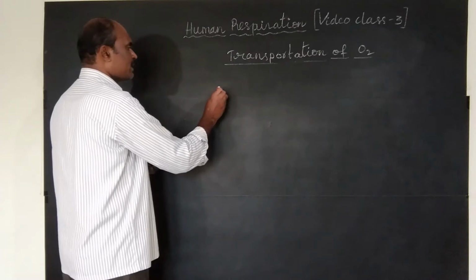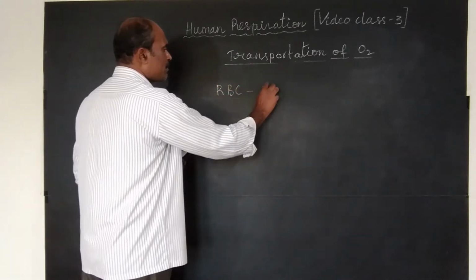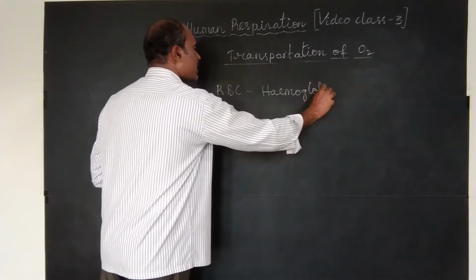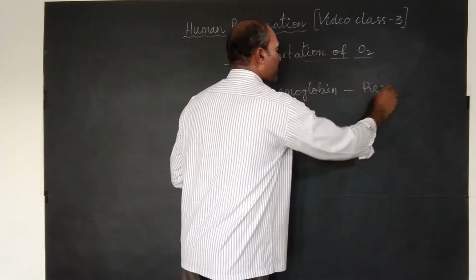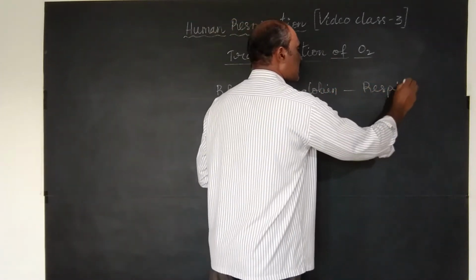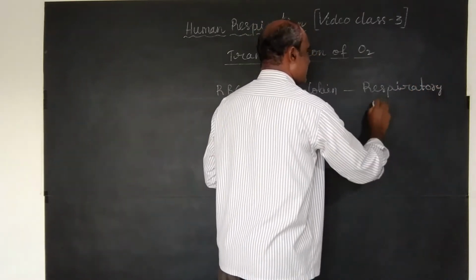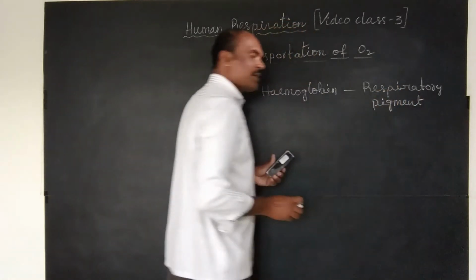In blood, in RBC particularly, hemoglobin is present. What is hemoglobin? Hemoglobin is a respiratory pigment, very important for your exam. What is pigment actually?